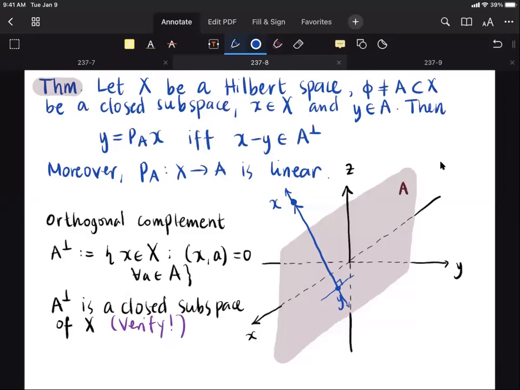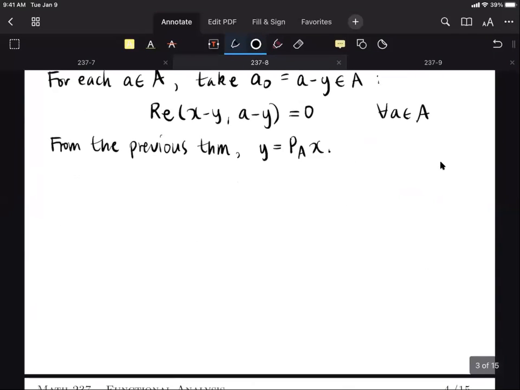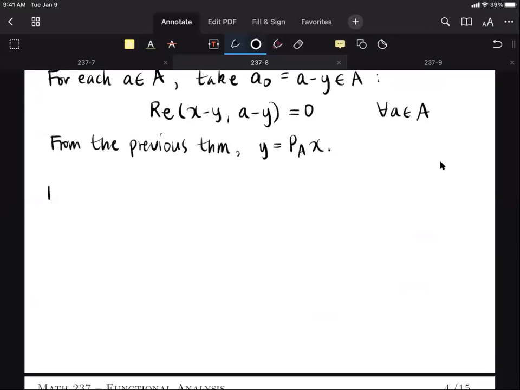With respect to the linearity of the projection, what we can do is, let us take two elements, x and z in X, and a scalar alpha.